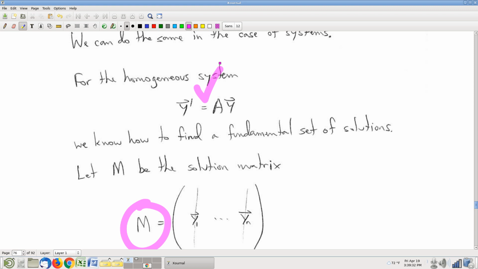What would happen if I multiply A times this matrix M? I remind you back in chapter 1, different points of view on matrix multiplication. It's the same as multiplying A times these individual columns. So you might say one column at a time M works, and therefore M itself works. So again, M prime equals AM. Just like in the scalar case. Okay. All right, let's set that aside.